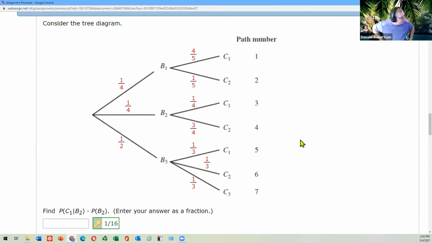Okay, here's another one. Told you these are going to be quick. This combination of this pathway times this pathway ends up being one of these guys here. What path number, just tell me 1 to 7, would be this guy?